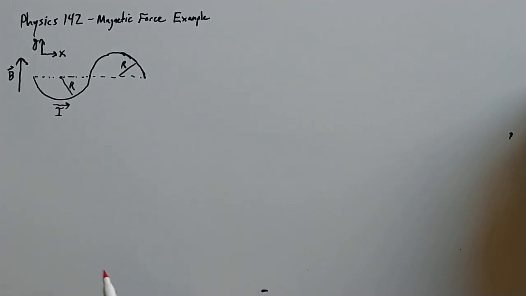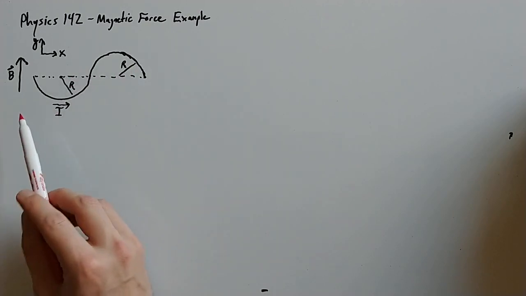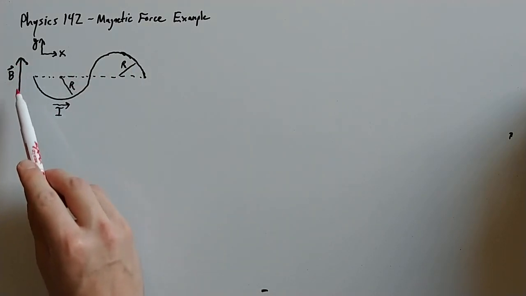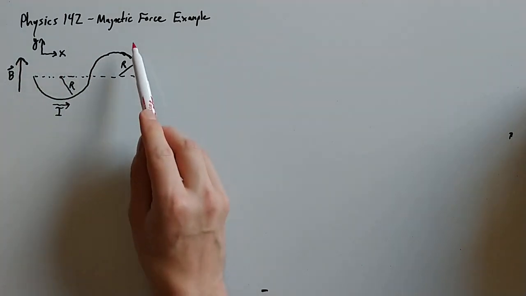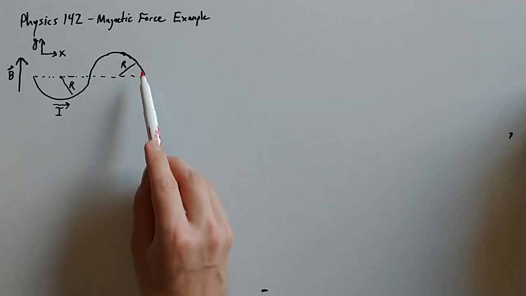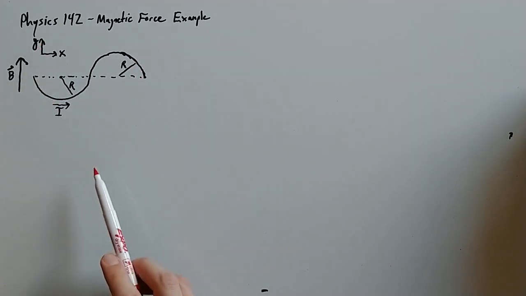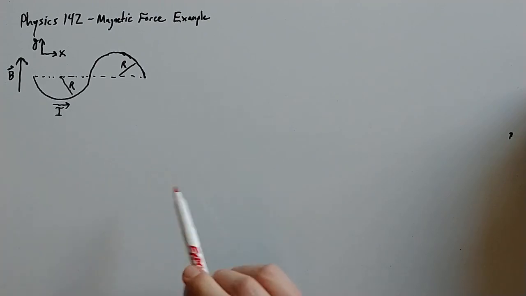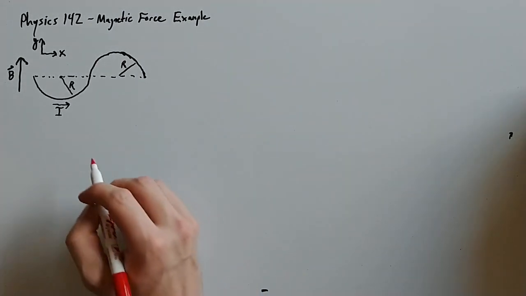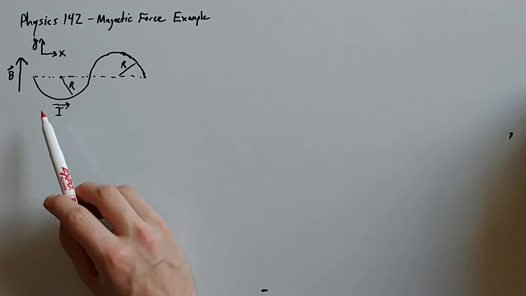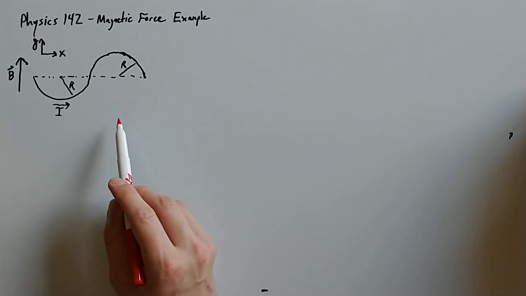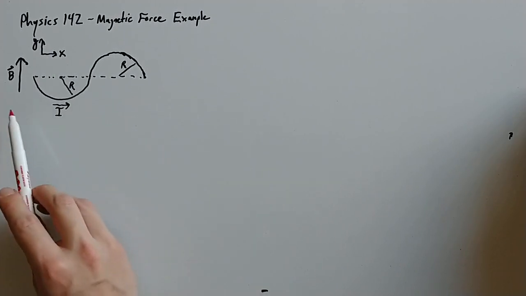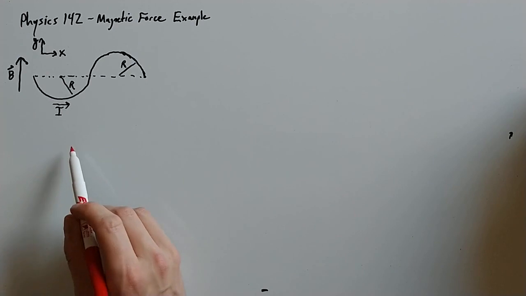The question is, if we put this wire in a uniform magnetic field B, in the upward direction, the positive y direction, the j hat direction, and we run some current through this wire, how much force does that magnetic field exert on that current?